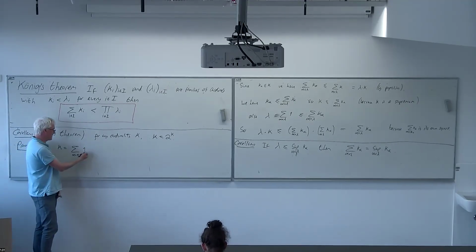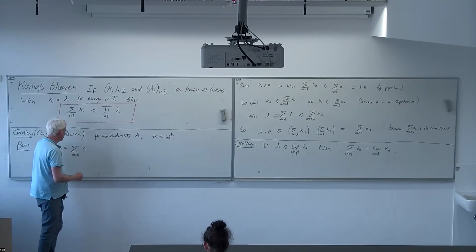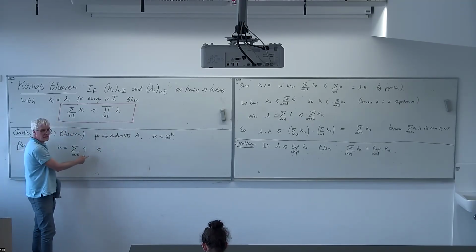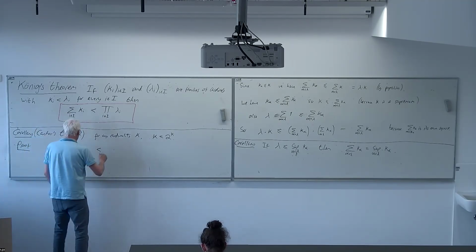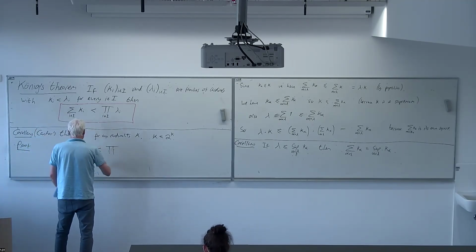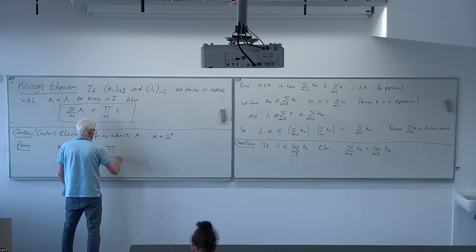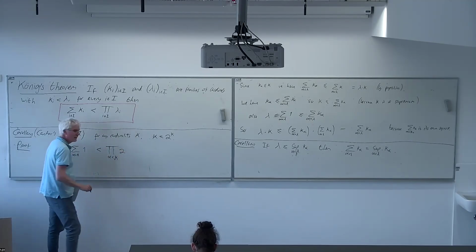We're just summing together 1 kappa many times. And by König's theorem, this is less than, well, 1 is strictly less than 2, so this has cardinality less than the product over kappa many copies of 2.